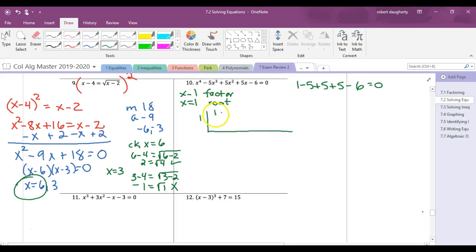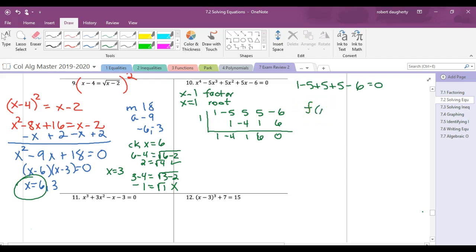So 1 minus 5, 5, 5, negative 6. Okay, so at this point, I've factored it down to a cubic.